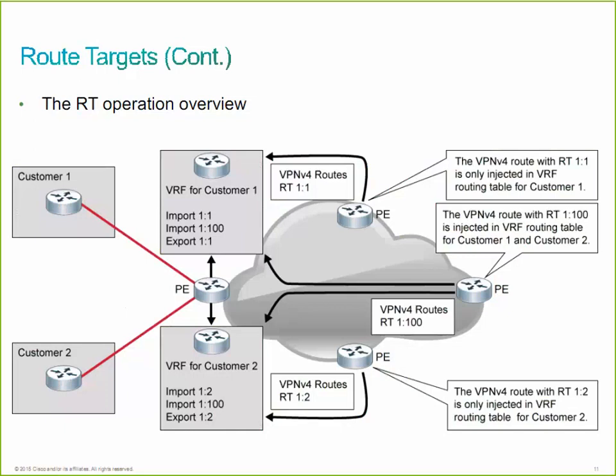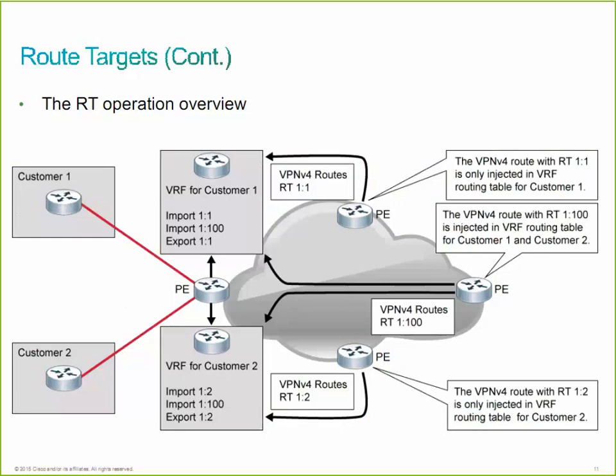So when this PE router receives the VPN v4 routes, it checks the export route target that's attached to that particular route. That route target gets compared to the import route target that is configured on all of the VRFs.